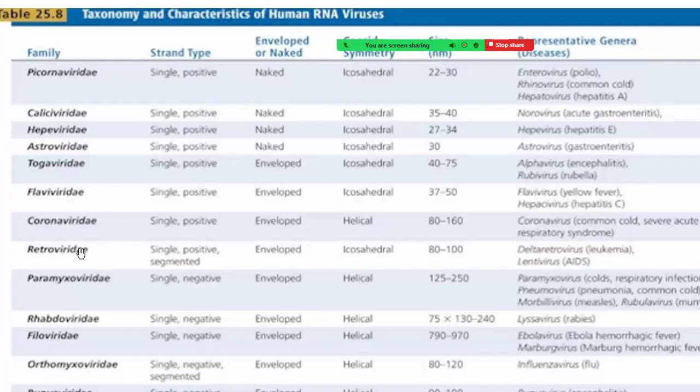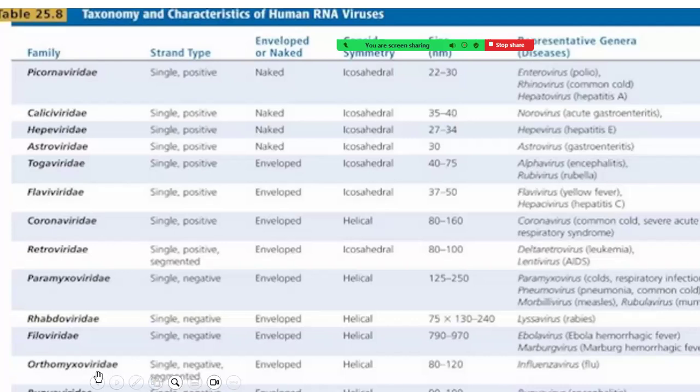Retroviridae, we'll talk about that. Retroviruses like HIV. I won't talk about Paramyxoviridae, which is too bad because that's a lot of human, especially childhood illnesses. Orthomyxoviridae, I do want to talk about that just a little bit.